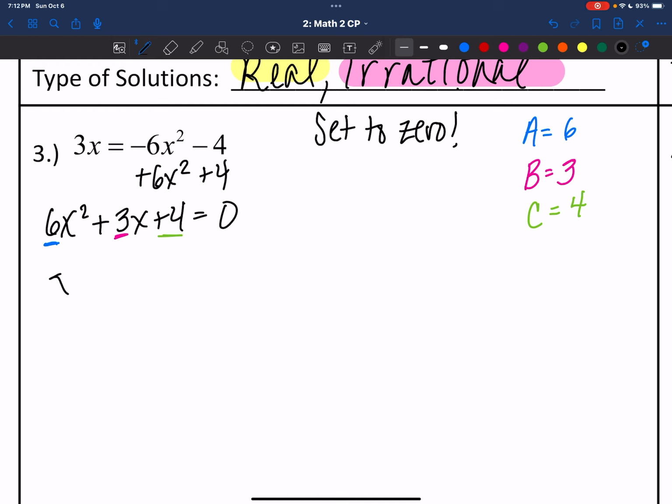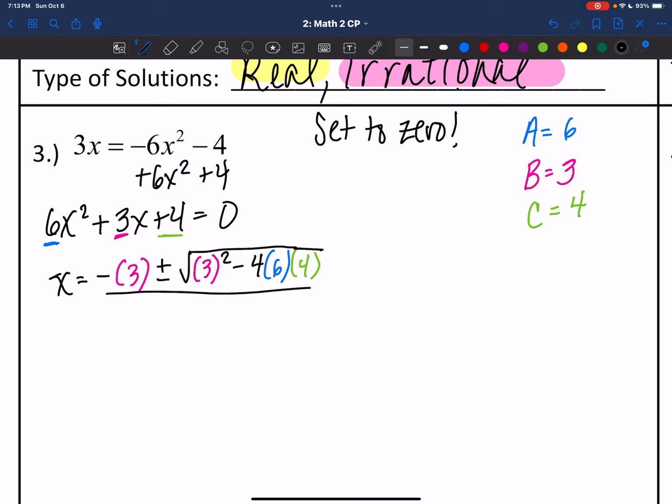So x is equal to negative b, which is 3, plus or minus the square root of b squared minus 4ac, all over 2a. All right, let's simplify.